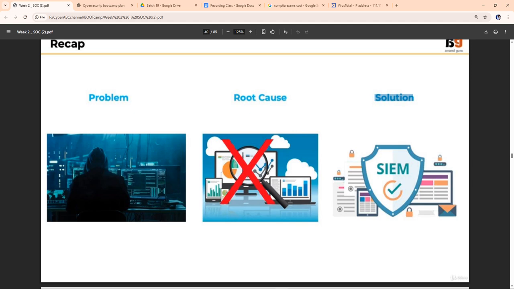And now the SIEM, when it's organizing, it has an effect on network devices, right?